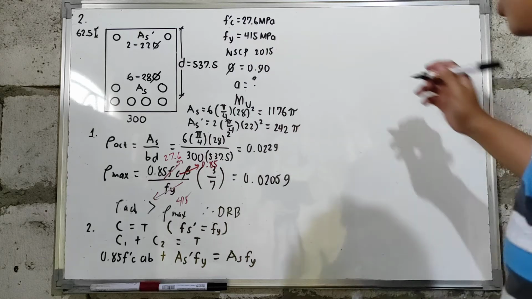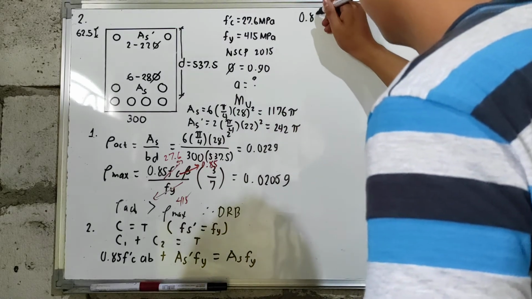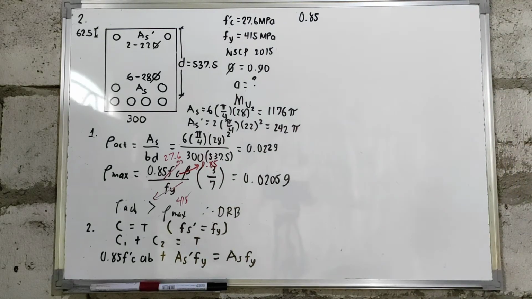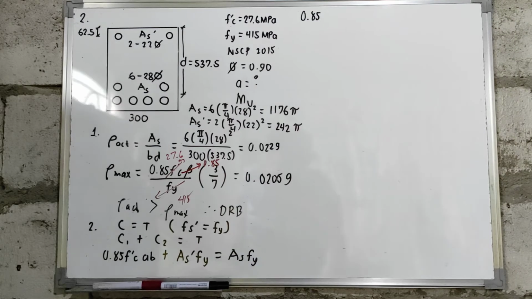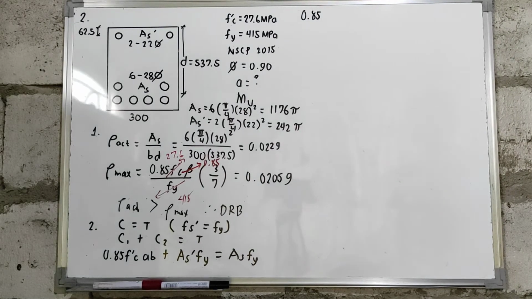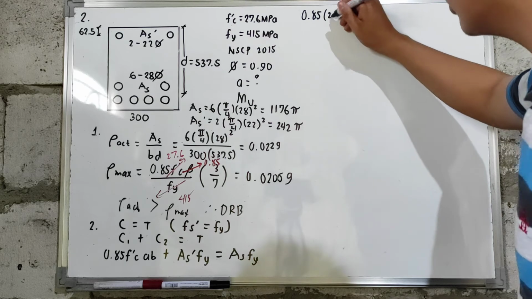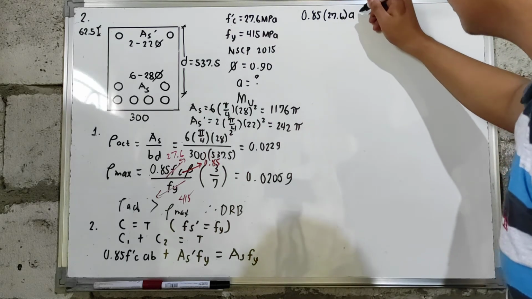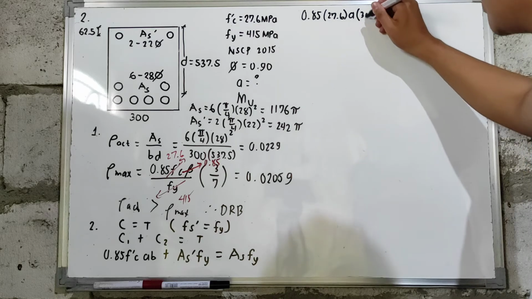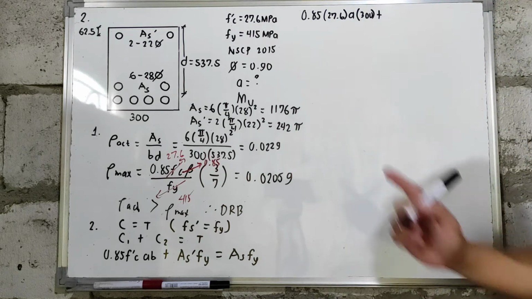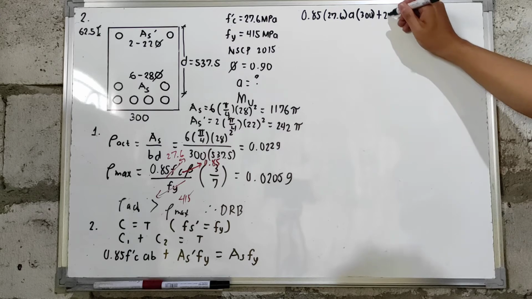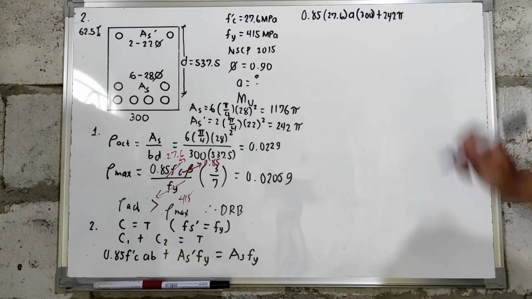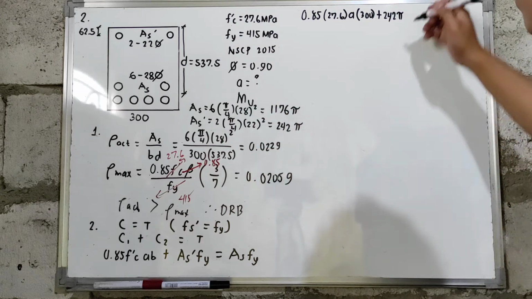With this, let us substitute our values. 0.85 multiplied by F prime C, which is equal to 27.6 megapascal, multiplied by A, multiplied by the base of 300, plus our A S prime of 242 pi, multiplied by Fs prime.